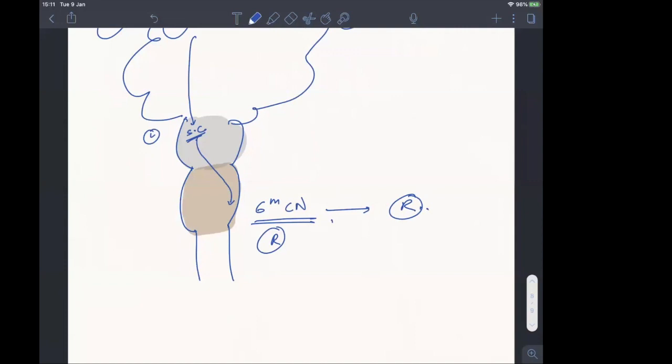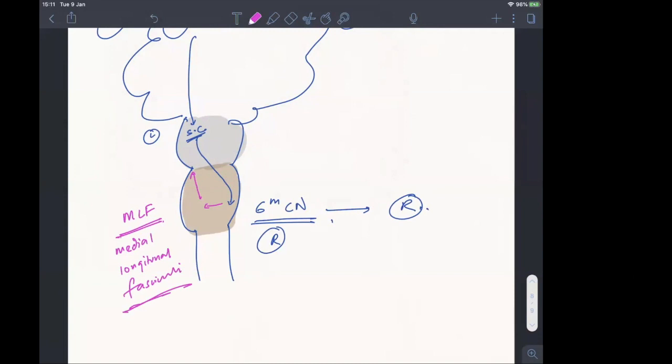And from here, there is something called as MLF, okay, which is medial longitudinal fasciculus.